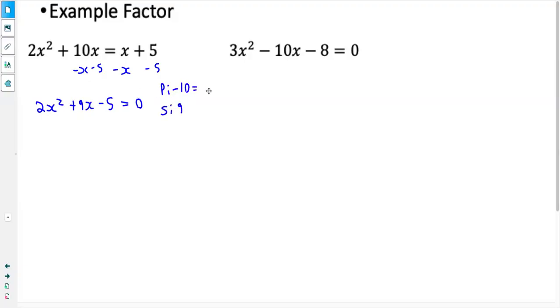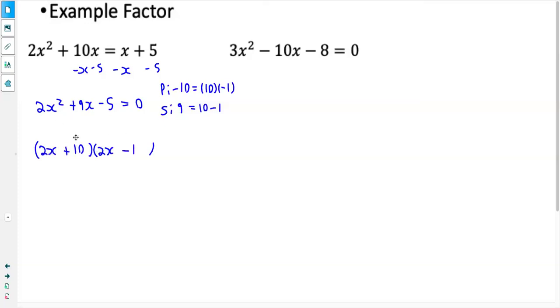So if you recall, we had said that that was positive 10 and negative 1. So with this method of factoring, because we start with a 2, we start each of these brackets with 2, so 2x, 2x, and then we'll utilize the values from here. So we've got plus 10 and minus 1.